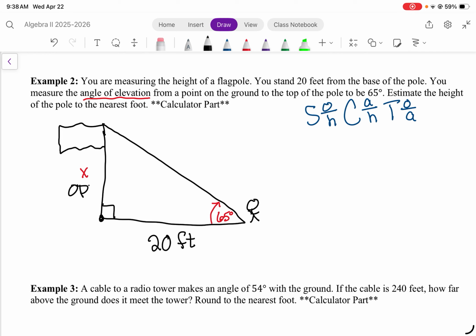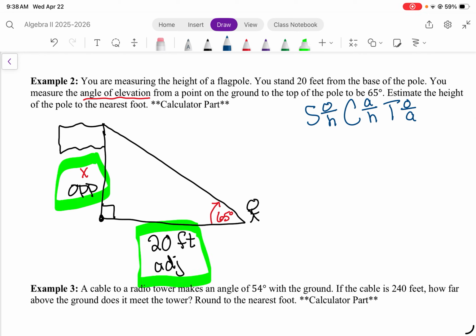X would be our opposite side, and then 20 would be our adjacent. Because we are working with the opposite and the adjacent side, that shows me I'm going to be using tangent. So when I write my equation, it's going to be tangent of the angle 65. So whatever angle you use to label the opposite and the adjacent with will be equal to my opposite side x over my adjacent side 20.